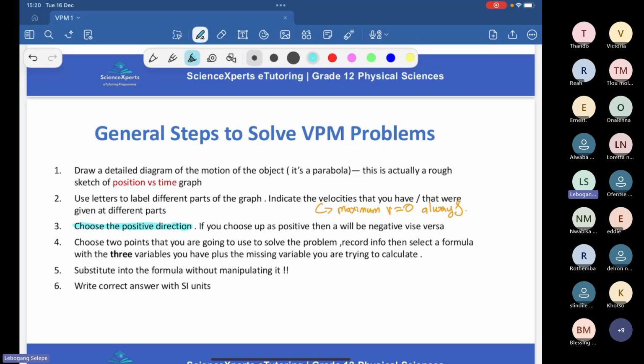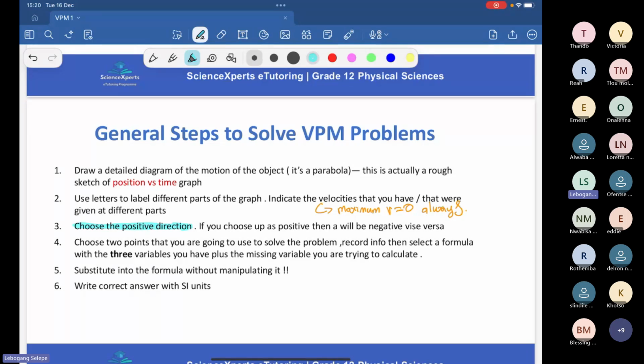So it means that your acceleration would be negative 9,8, and you're gonna have to stick to that throughout the entire problem. Then if you choose down to be positive, then your acceleration would be positive, and you're gonna have to stick to that for the entire problem, right?